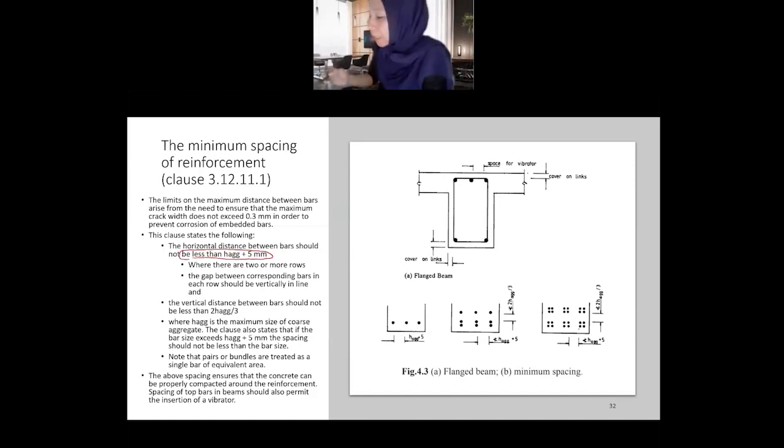Okay, one thing. And another one, there's another clause. It says that HAGG is a maximum size of coarse aggregate. And the clause also states that if the bar size exceed HAGG plus 5 mm, the spacing should not be less than the bar size. Okay. So ada 2 rules dekat situ.